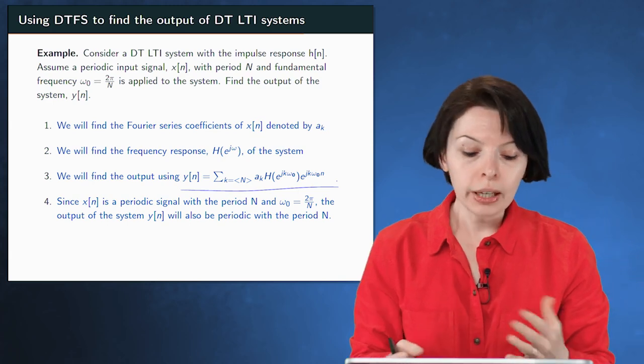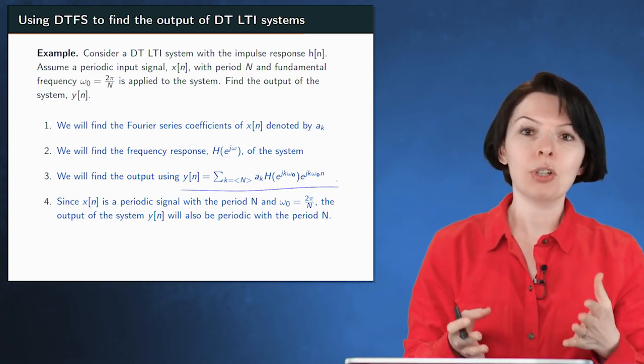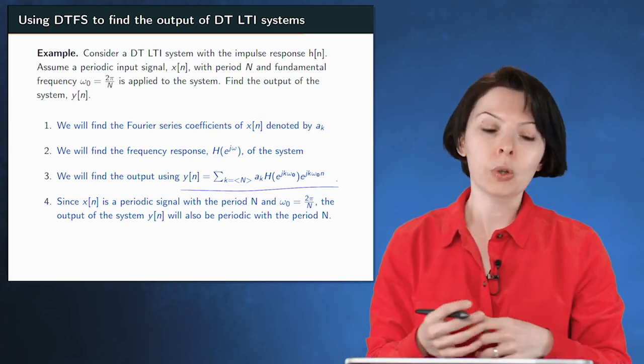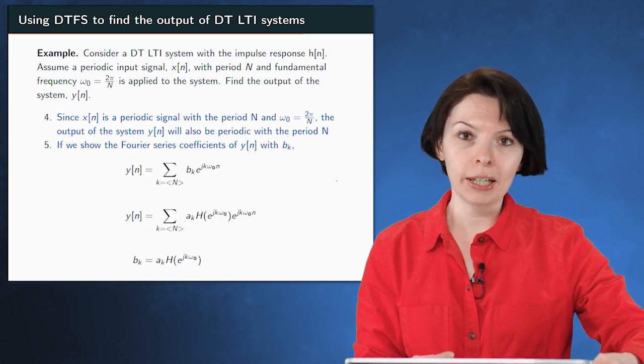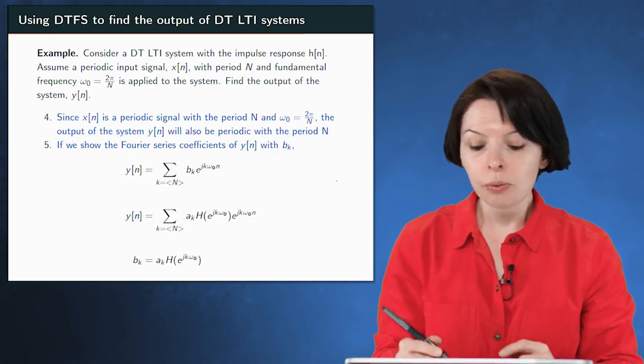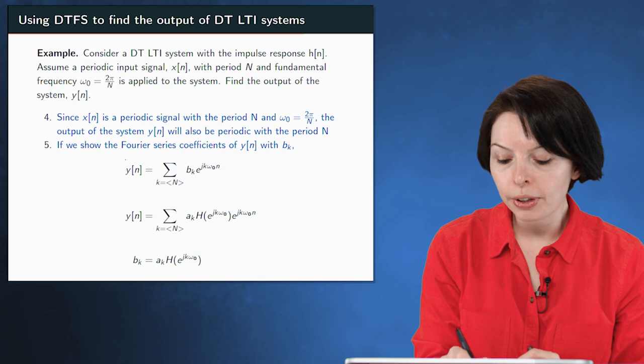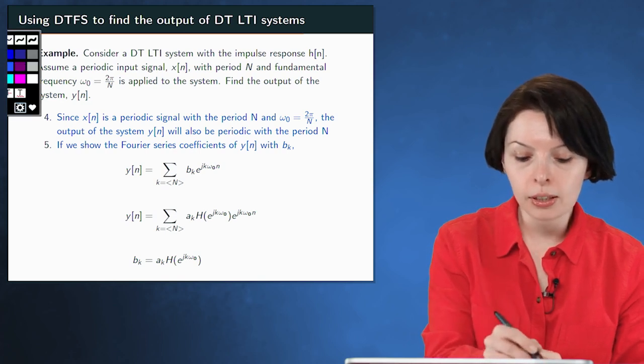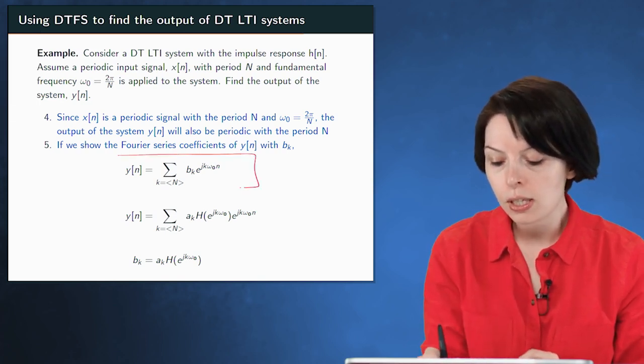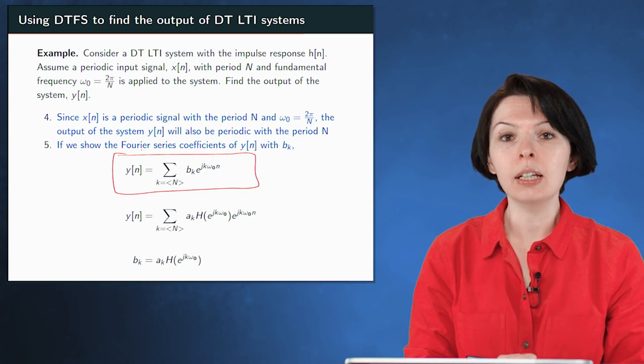Again, because x of n is periodic with period of N, y of n is also going to be periodic with period of N. So I can write this expression, which is the synthesis equation for y of n.